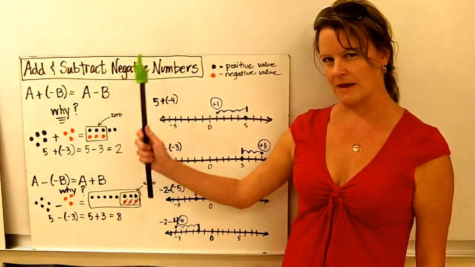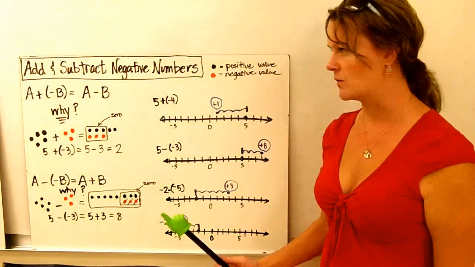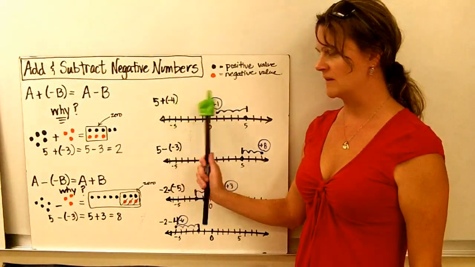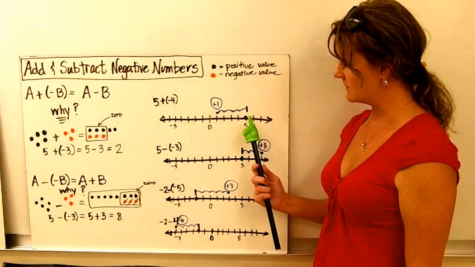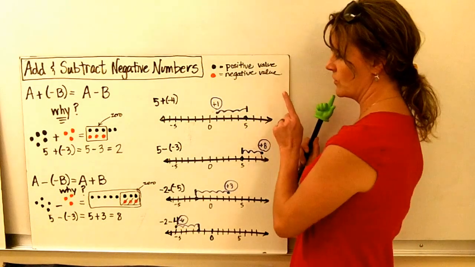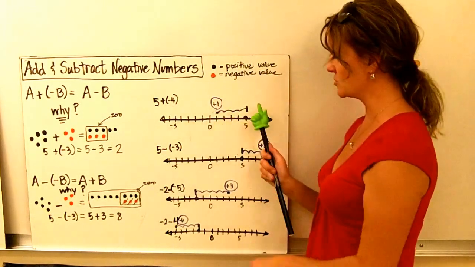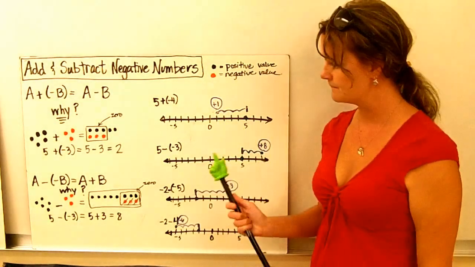Okay, so now let's look at this same idea on a number line, and I have 4 examples of problems here that I'd like to quickly go through. If we take a positive number plus a negative number, like 5 plus negative 4, we are over here at positive 5. When we add a negative 4, we're going towards 0, in the negative direction 4: 1, 2, 3, 4, and of course we end up here at positive 1.